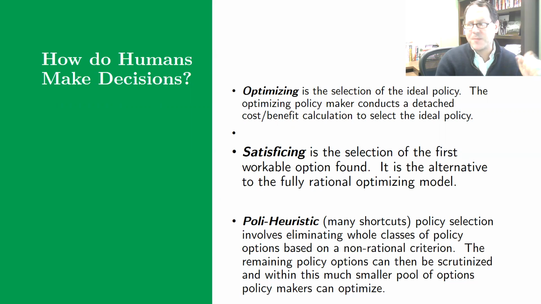And there's this idea that's been floated by folks like Alex Mintz of polyheuristic decision-making. And so the idea is that human decision-making involves a series of shortcuts to whittle down complexity. And then within sort of a narrower range of options, we can engage in sort of the pro and con discussion of possibilities and evaluation.